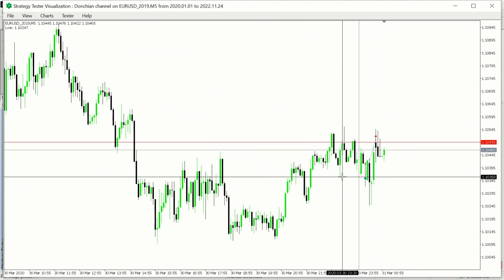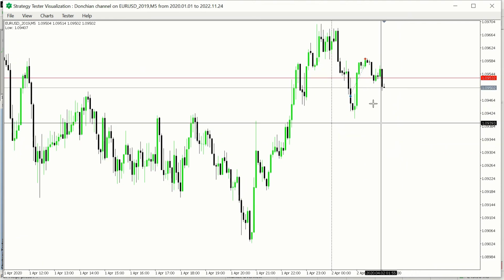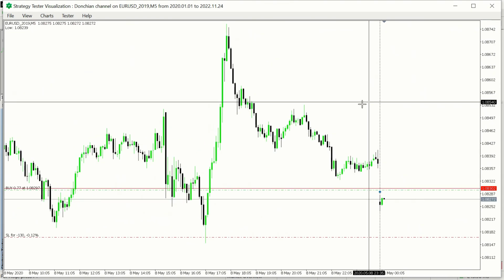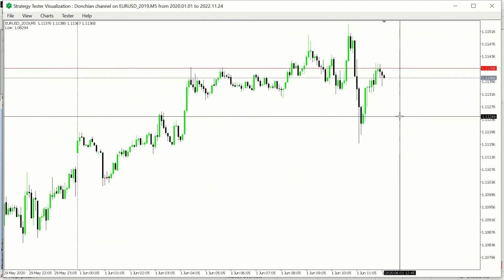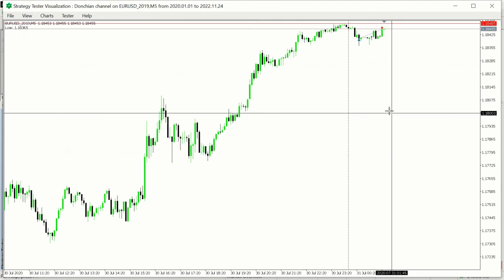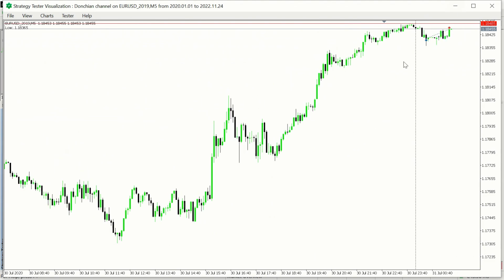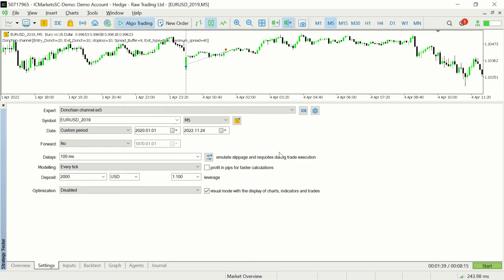Another buy trade, recent lows. Another buy trade. Another one. Let's just see one last one. And there you go. I think you get the idea. So that is how the strategy works. Now let's look at the results.